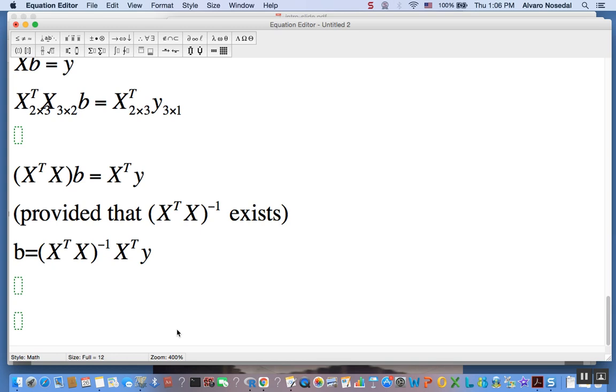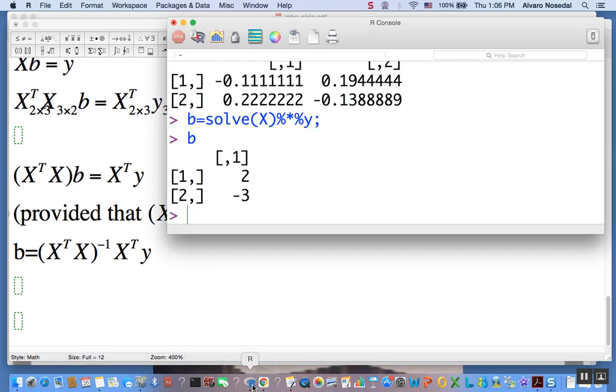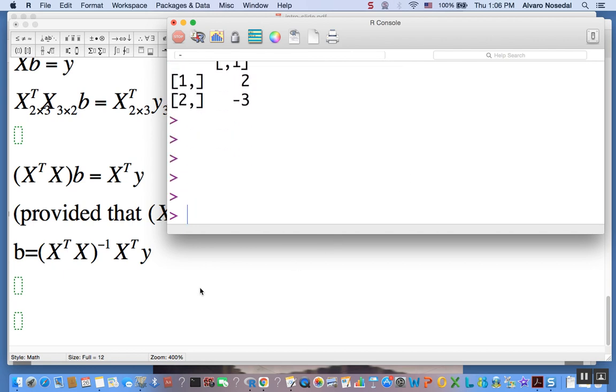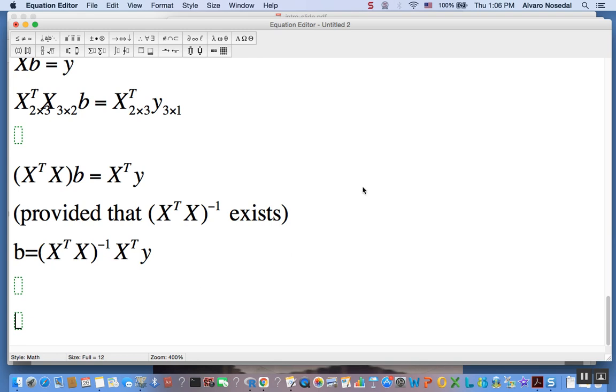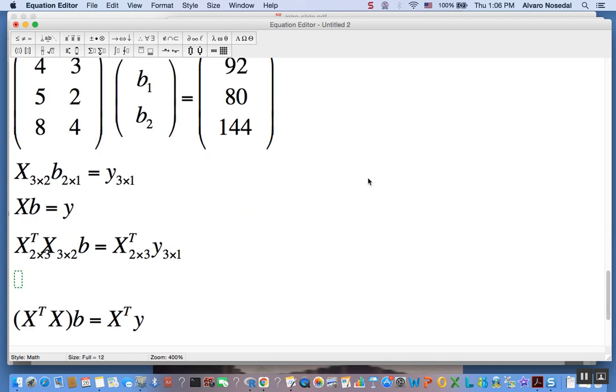Okay, so let's try and find the solution using R. Here we go. Just like before, what we need to do is define our matrices of interest, and then just do the products and find the inverse.